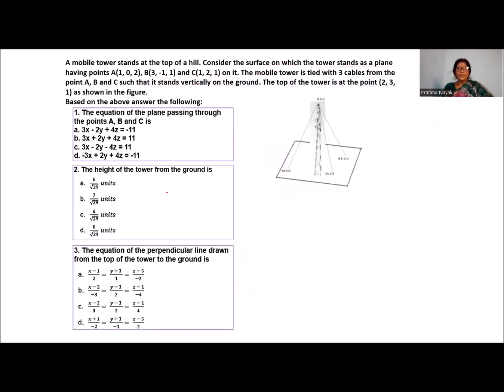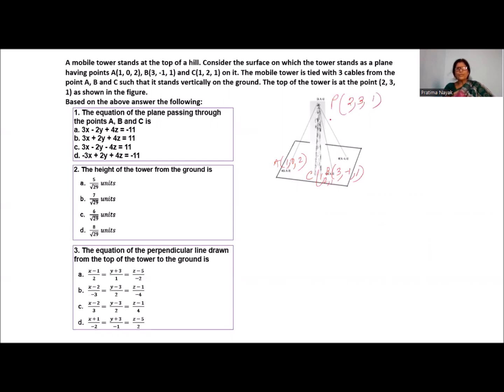Let us see the figure. A is (1, 0, 2), B is (3, -1, 1), C is (1, 2, 1), and this point is P, that will be (2, 3, 1).